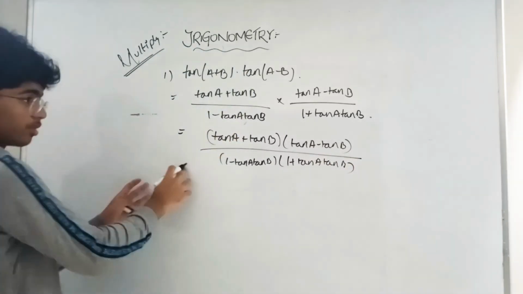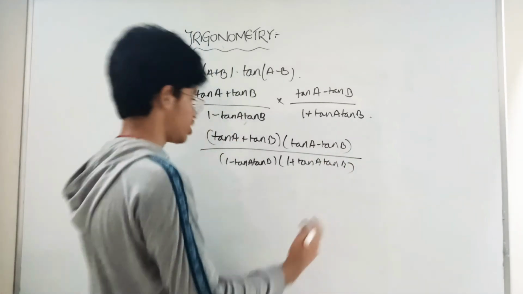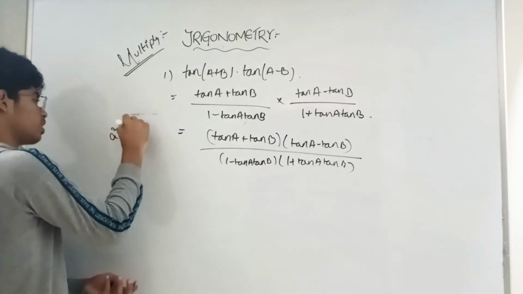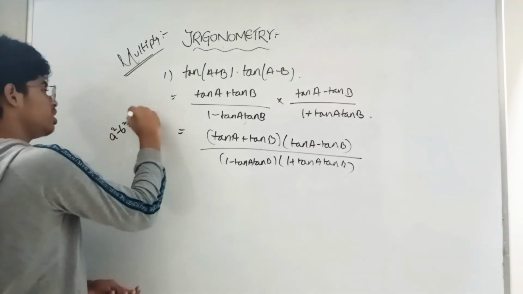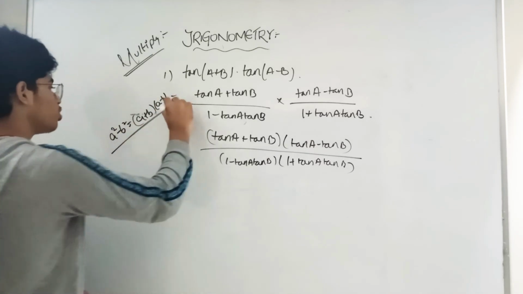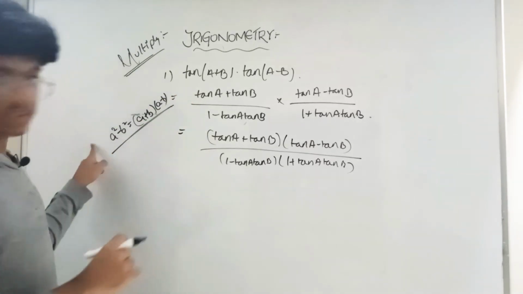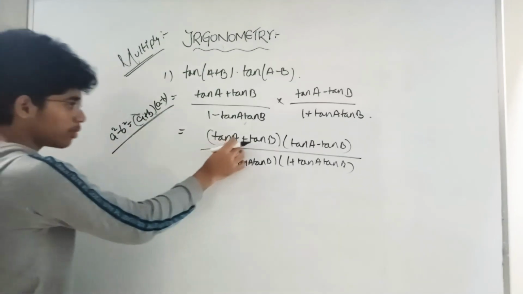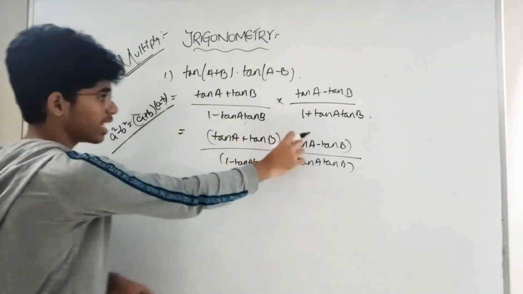Right? So we know algebra. Everybody of us knows algebra, and we also know that a square minus b square equals a plus b into a minus b. So actually, both the numerator and denominator are in the form of this single formula. So a plus b is tan a plus tan b, and a minus b is tan a minus tan b.